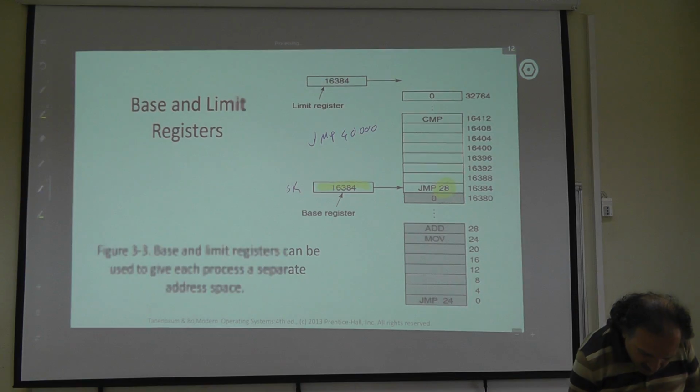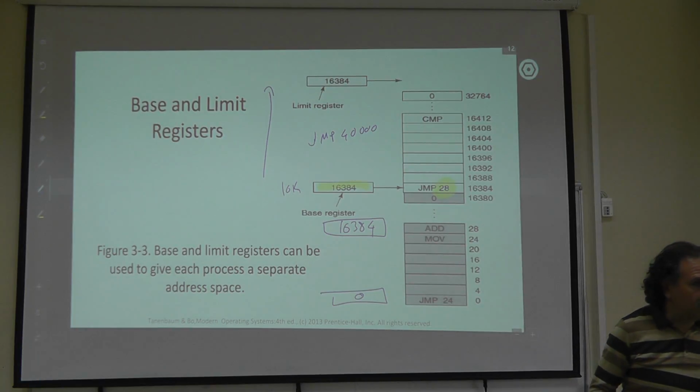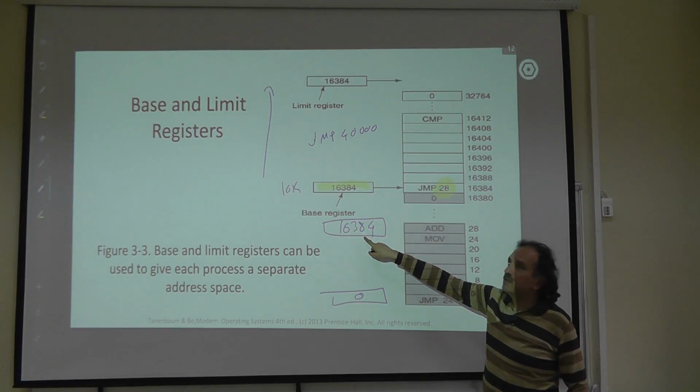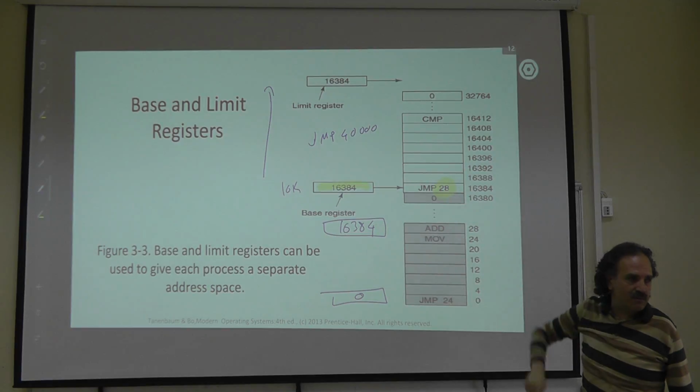So for this process, base register would be 0, and the limit register would be what? You tell me. It would be this value. So that means that you cannot address more than 16K of memory. It's a coincidence that this number and this number are the same.